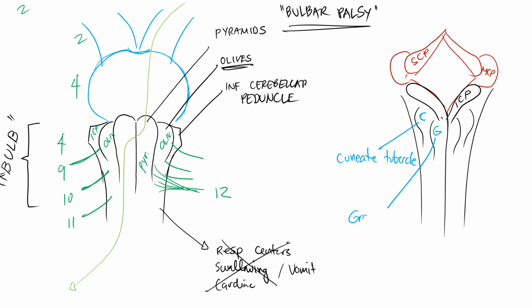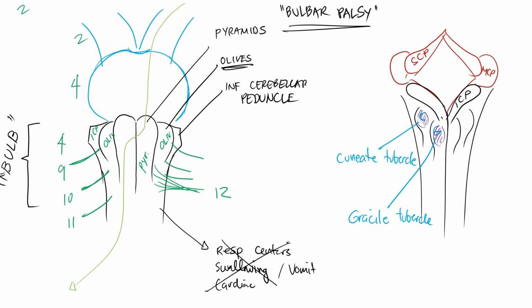G is gracile tubercle. Why is it called so? Because underneath that would be your cuneate nucleus, and underneath that would be your gracile nucleus. Now, we'll be dealing with the cuneate nucleus and gracile nucleus. It's got to do with your dorsal column fibers, which we will discuss when we reach the spinal tracts. It's not going to be very difficult, believe me.